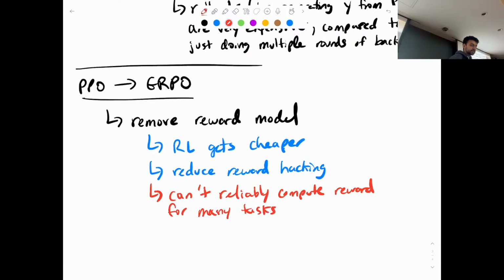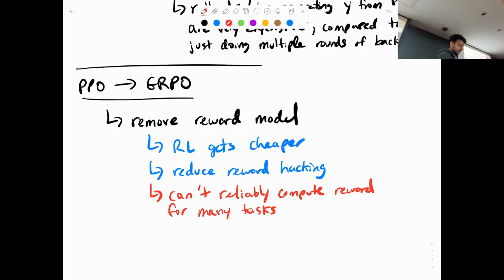So as we'll discuss a little later, in GRPO, the DeepSeek people also introduced this notion of a verifiable reward, where you have some task where it's very easy to verify if the task was completed successfully or not, right? If I ask you, what is 2 plus 5, there's one correct answer. I don't need a giant reward model to tell me if the answer is 7 or if it's not 7.